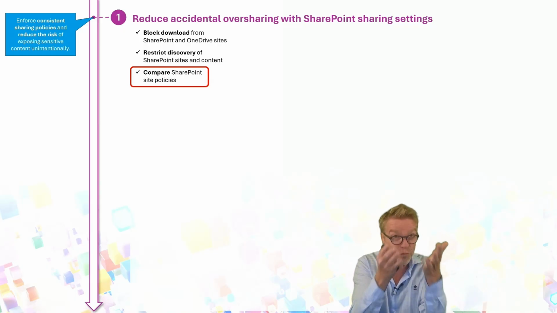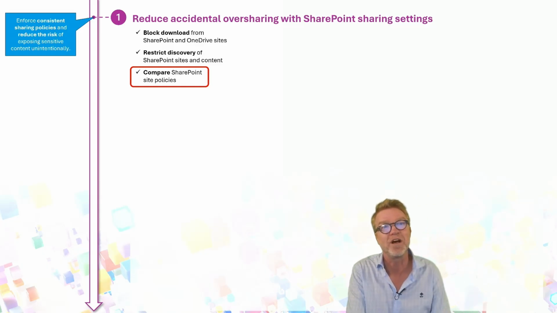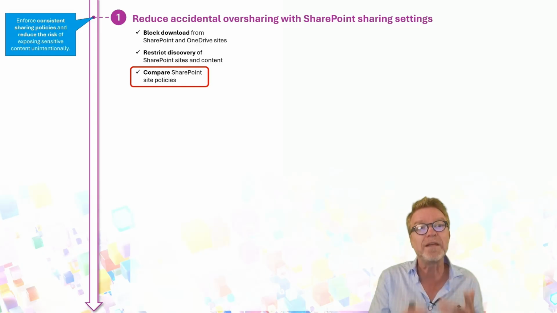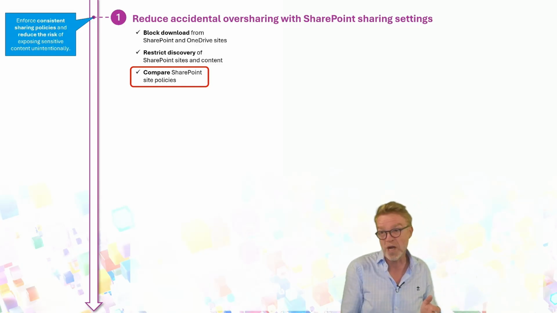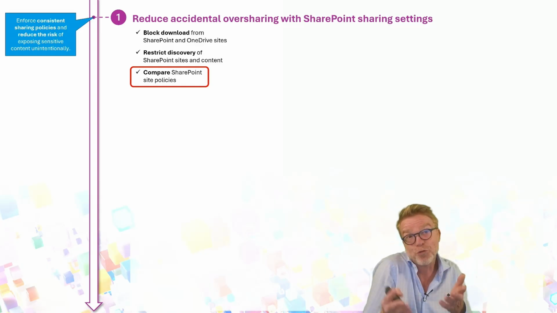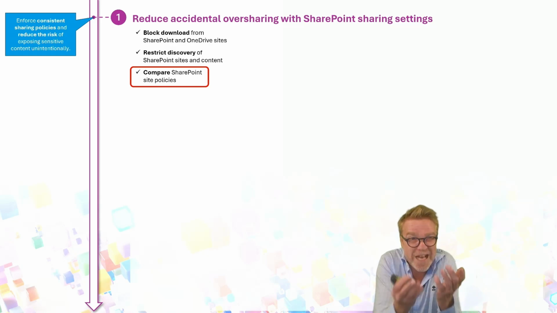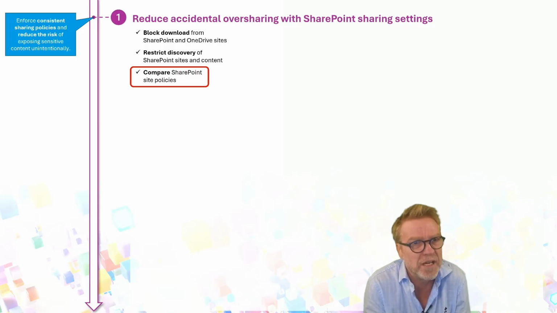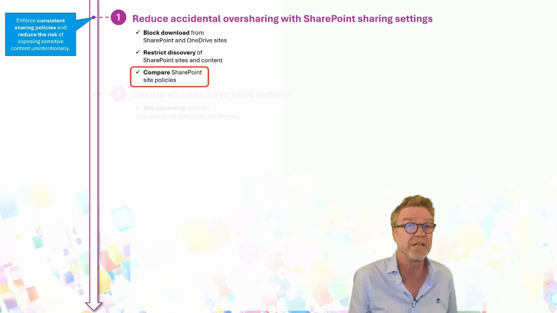With this capability, you can discover clearly where you break the rules, where you have sites that are configured in a completely different way, content sprawl, basically, than what you want. So it helps you to discover where you need to take action. Yeah, that's a good thing.